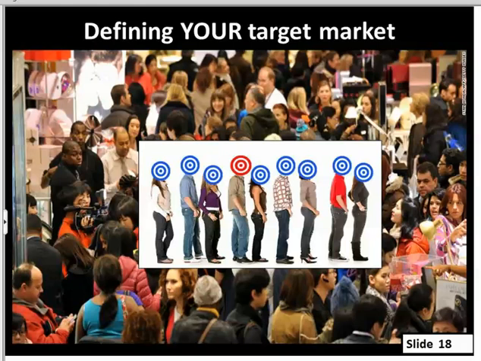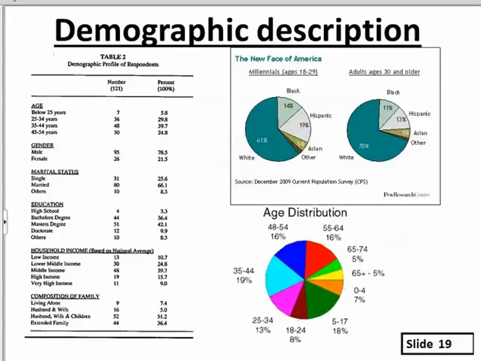There is some segment of that population that your product and service will fit perfectly. That's who you want to find: the people most likely to need and want your service or product. So we're going to target that market.